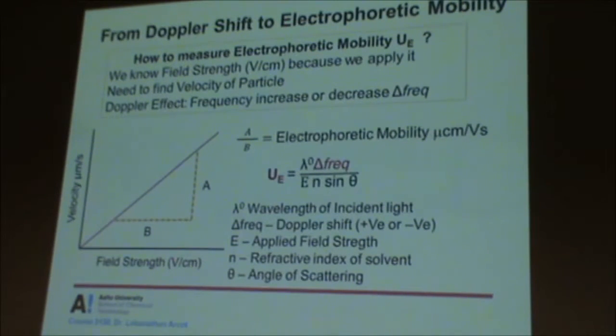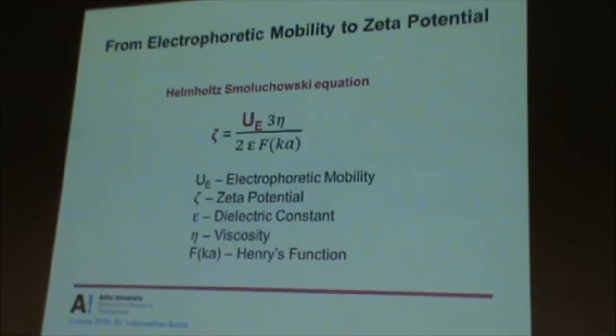But this is the first requirement in order to get the electric potential at the slipping plane. This is the relationship between the electrophoretic mobility and zeta potential. If you remember, zeta potential is the potential measured at the slipping plane, which is also linked to the surface potential at the charge.